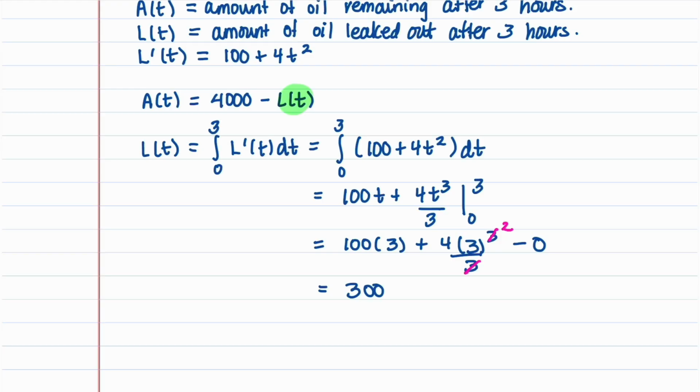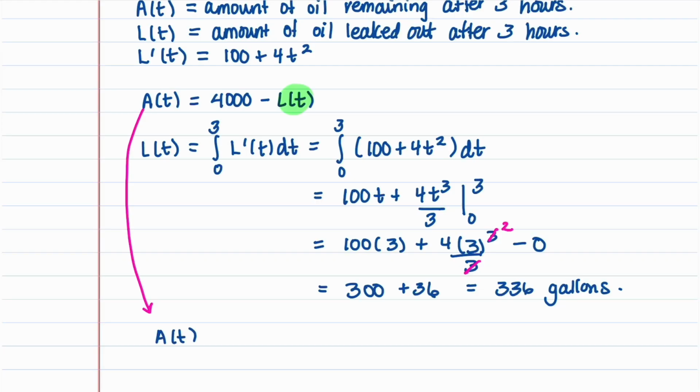So we just have 4 times 3 squared. That's 4 times 9, which is 36. So we're going to add 36. And this gives us 336 gallons.